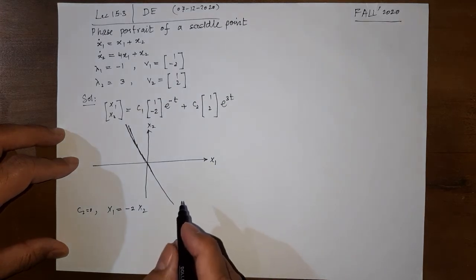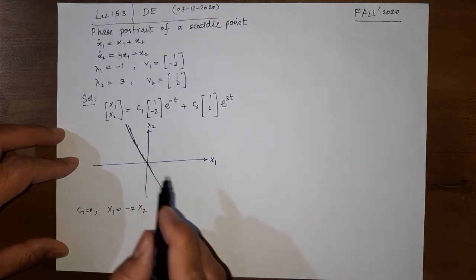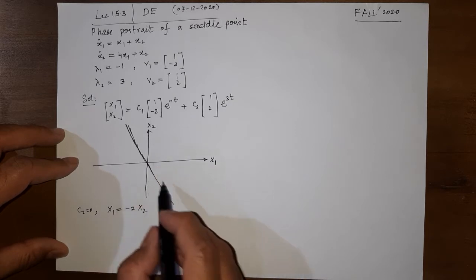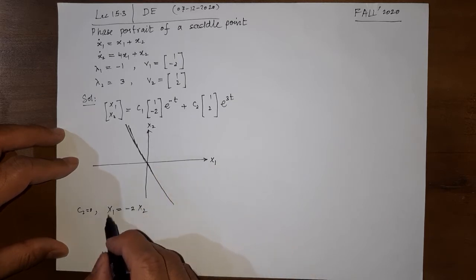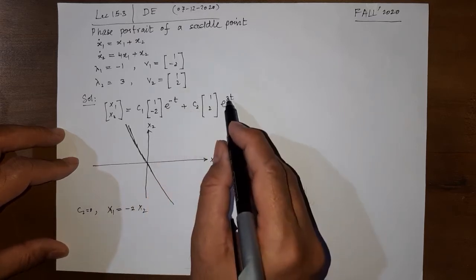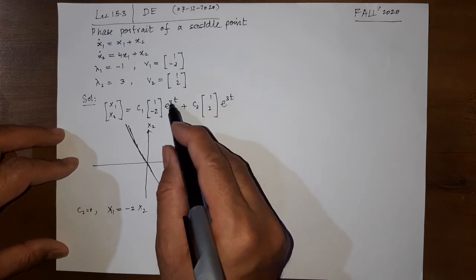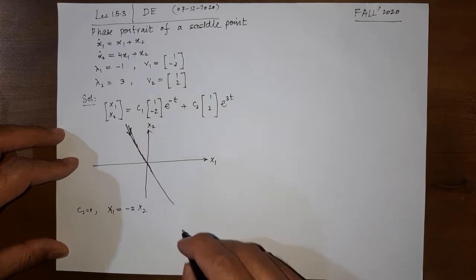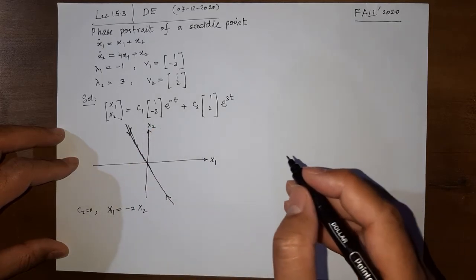Assume this is a straight line and this is a saddle point. From where does this line trajectory arrive? When the solution has e raised to the power -t in it, and this term was 0. So this is a decaying one, so this is stable. It moves inward towards the fixed point.